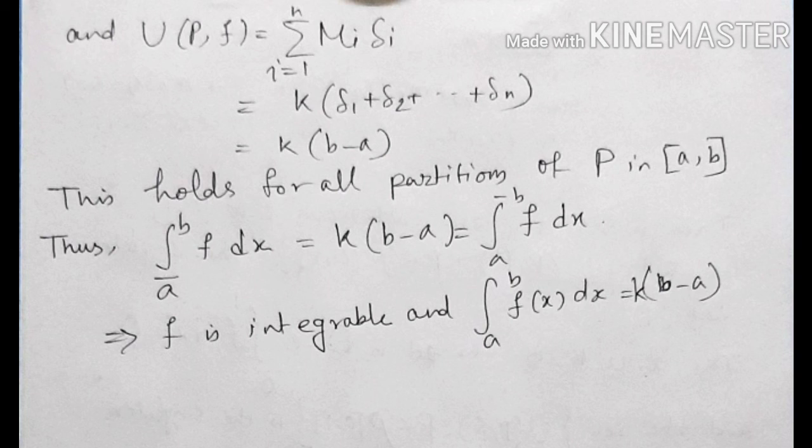Putting the value of capital Mi, we get k times (delta 1 + delta 2 + ... + delta n), which is equal to k(b - a). This holds for all partitions P of the closed interval [a, b]. Thus, the lower integral of f dx is equal to the upper integral of f dx, which is equal to k(b - a). So, here f is R integrable.